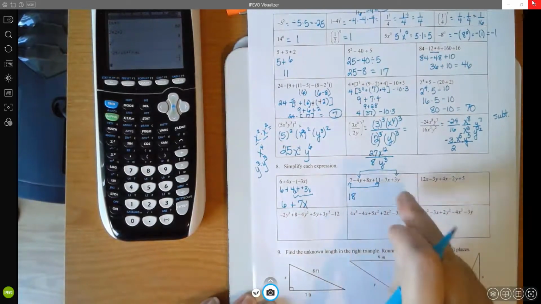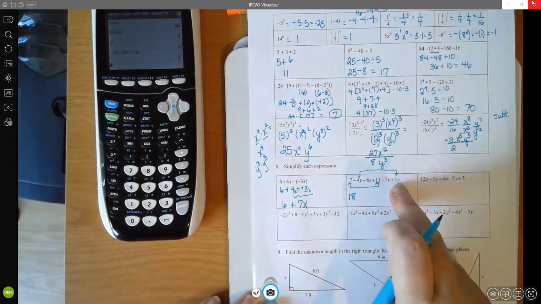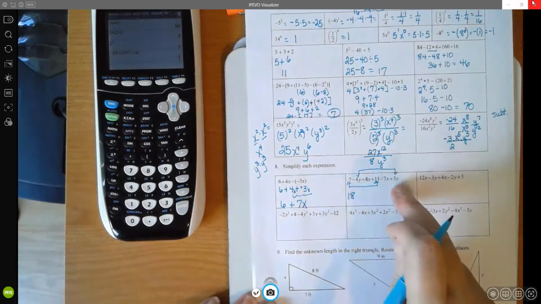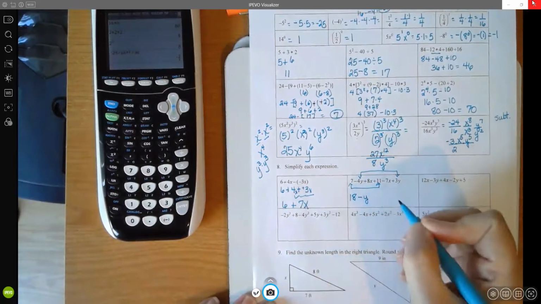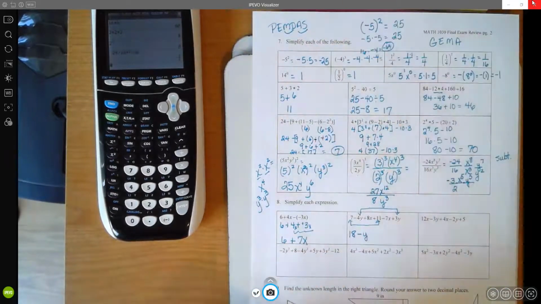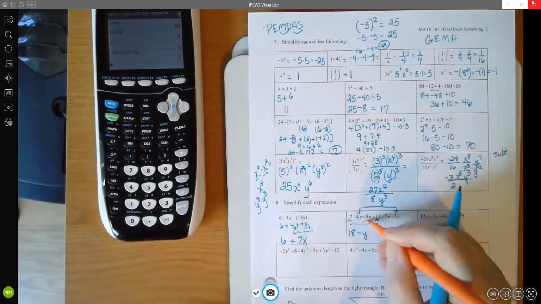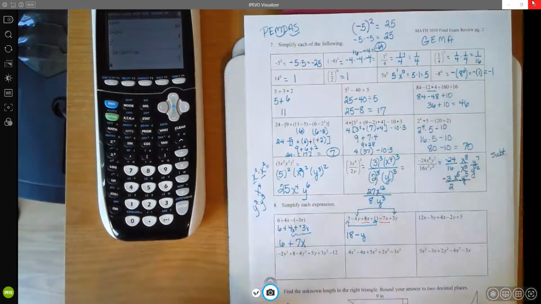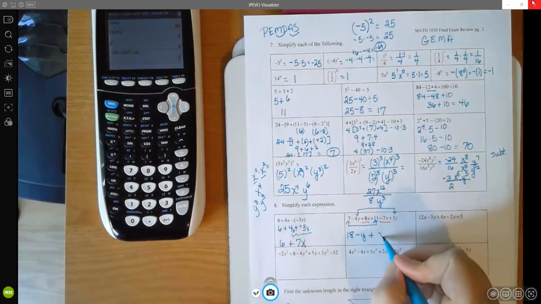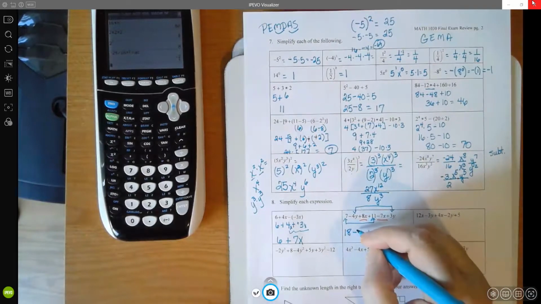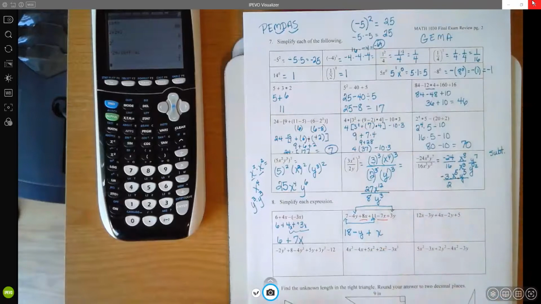Negative 4 plus 3, they're both y, so negative 4y plus 3y would be minus 1y. And you can write the 1 or not. And then 8x minus 7x would be plus 1x. And again, I could write the 1's there and the 1 there, but I will leave those off.